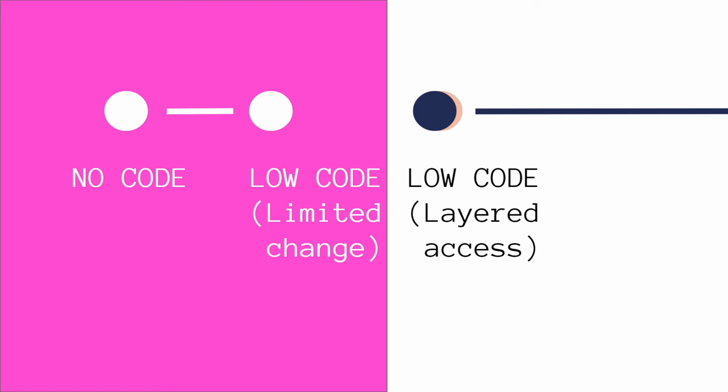And to run that changed code, you have to go through a very limited interface, and you have very tight restrictions on how much you can change it. So that's more on the no-code side. Then I think there's also this layered access. You have the ability to change the code, but it just comes in a layered sense.